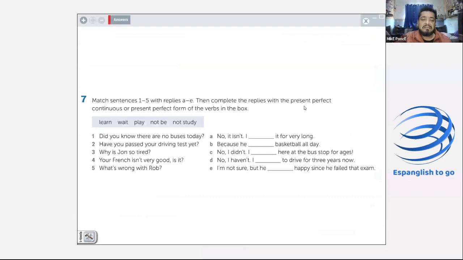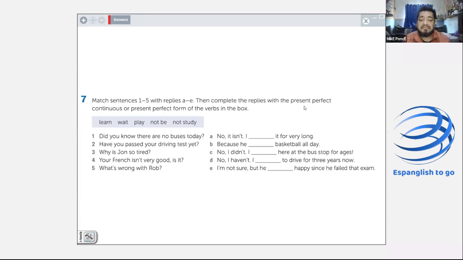Here, you can see match sentences 1 to 7 with replies A to E. Then complete the replies with the present perfect continuous or present perfect form of the verbs in the box. So you have the verbs learn, wait, play, not be, the negative of be, and not study, study in negative.